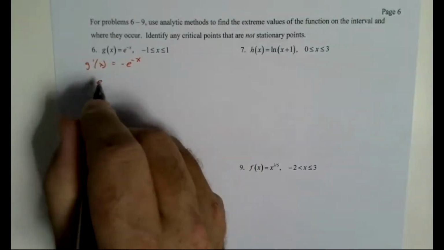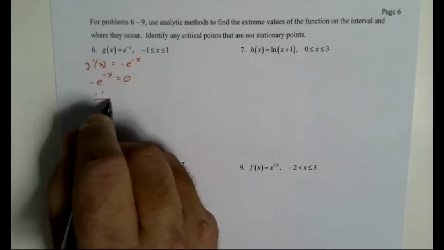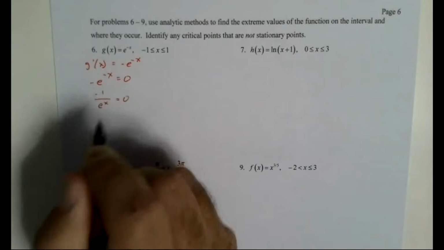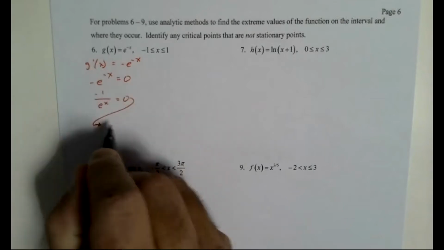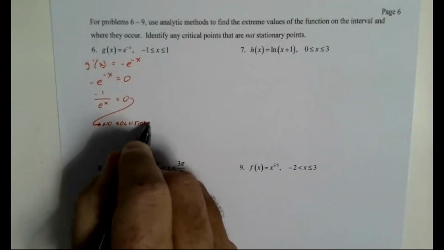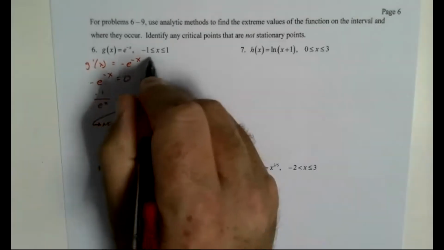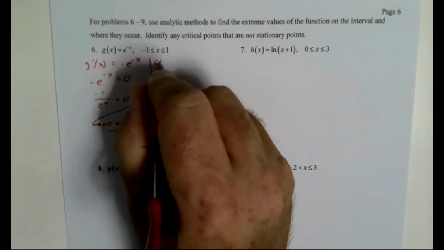When does negative e to the negative x equal 0? Never. So let's check the endpoints.